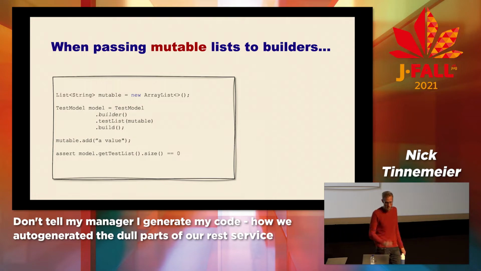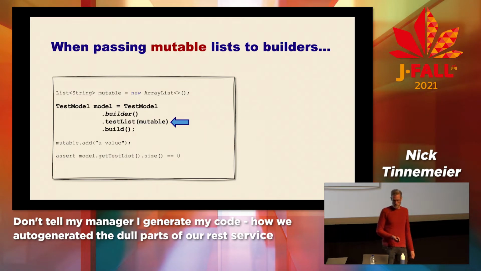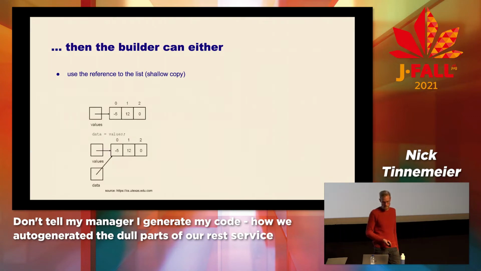Now, when passing mutable lists to builders, like we do here, we create a mutable, empty list, and we pass it on to a dummy builder. The builder either can use the reference to the list directly, and that is a shallow copy, as depicted in this picture.